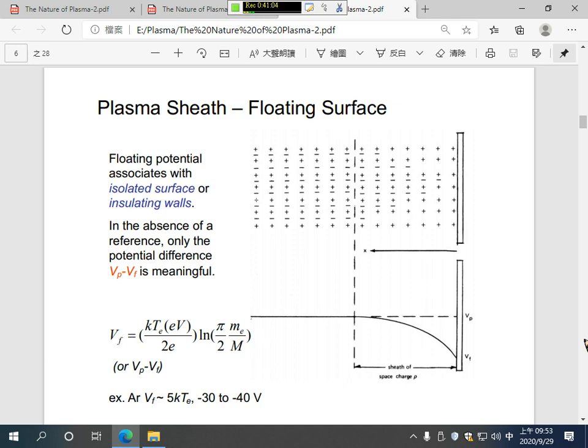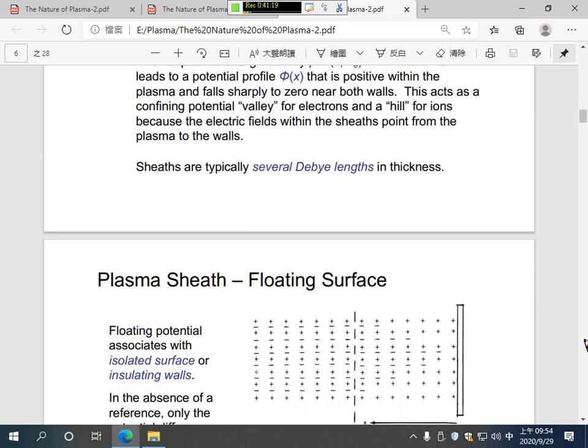Okay, and this potential is relative to the plasma potential. So this value is Vp minus Vf. Okay.